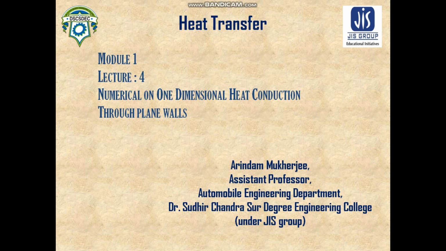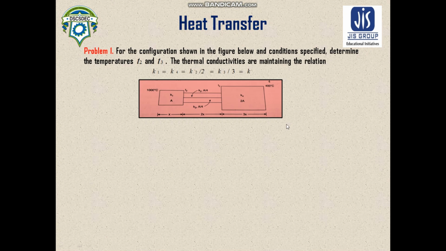Regarding this analysis, today we'll take some numerical problems and check what we have understood in the previous lecture. So let us start with the first problem. As you can see, a certain configuration has been provided here.